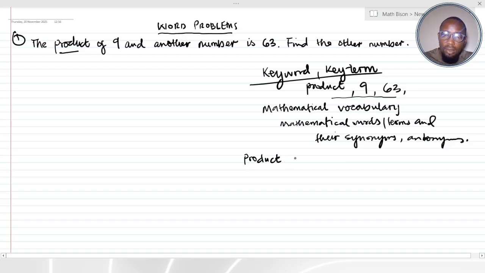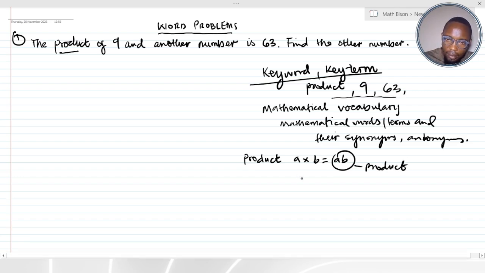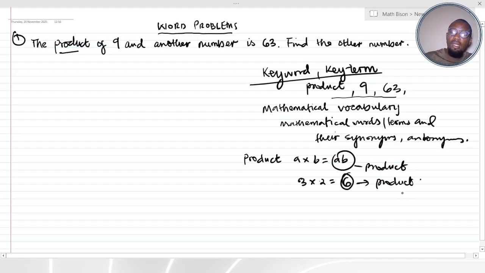So for example, A times B is AB. So AB is what? Product. In this vein, 3 times 2 gives you 6. So 6 is what? Product. Now, the product of 9 and another number is 63. You need to ask yourself, which other words actually mean product?